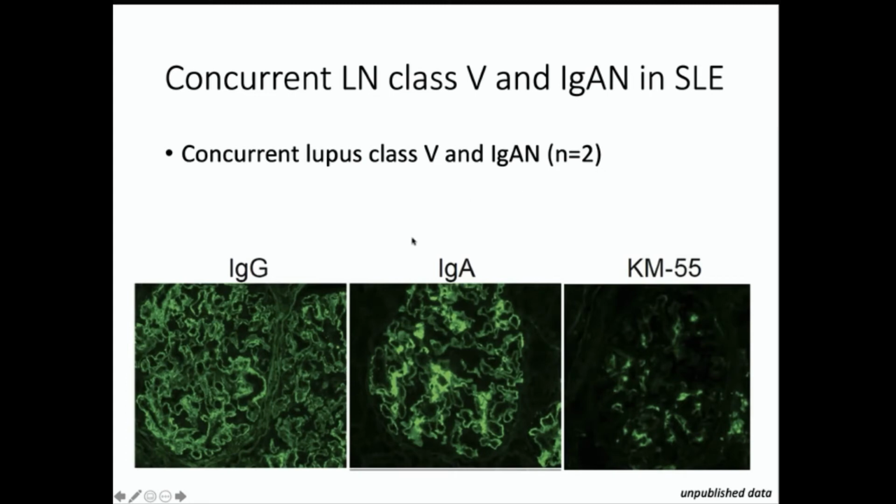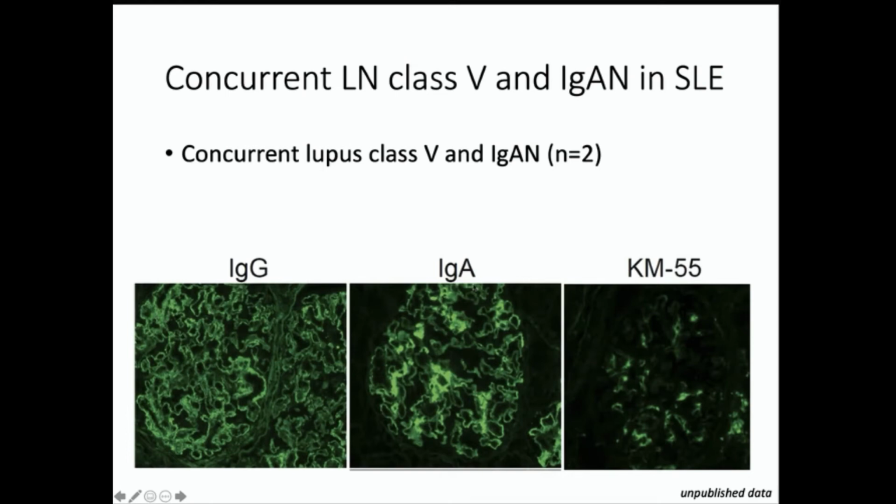I saw this type of case when I was in training. What's interesting is that this is a lupus patient kidney biopsy. We see bright IgG staining along the capillary wall, but also mesangial staining.